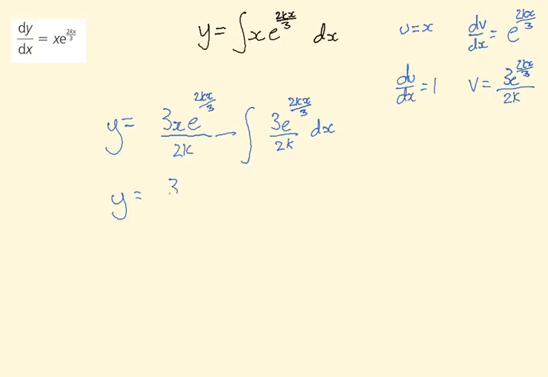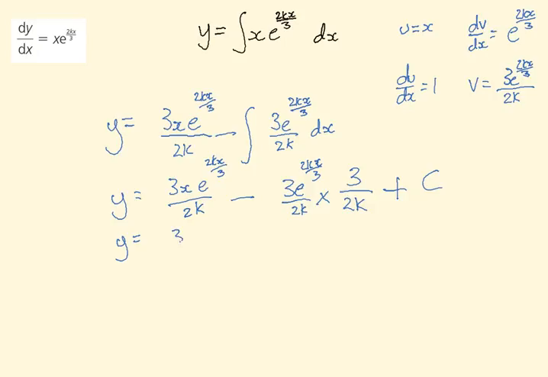Perform that integration, and you end up with 3e to the 2kx all over 3 all over 2k multiplied by 3 over 2k. So i.e. you're dividing by the derivative of the power, because obviously it's an exponential term. And don't forget you've got your constant c in there as well.